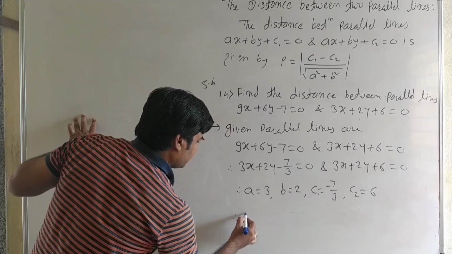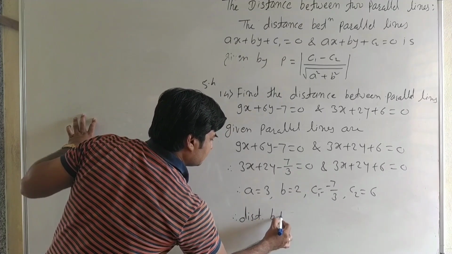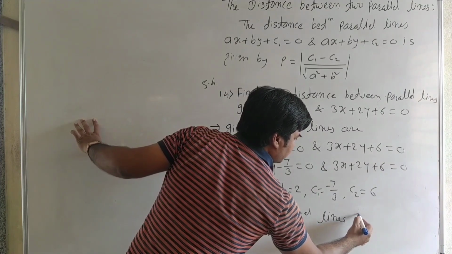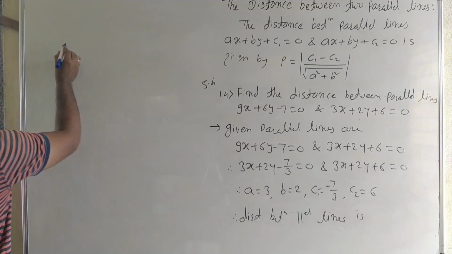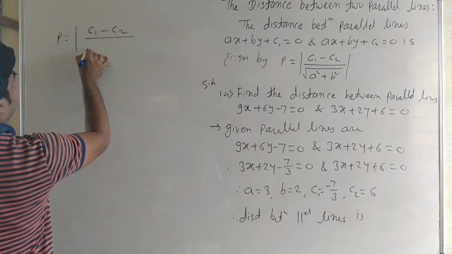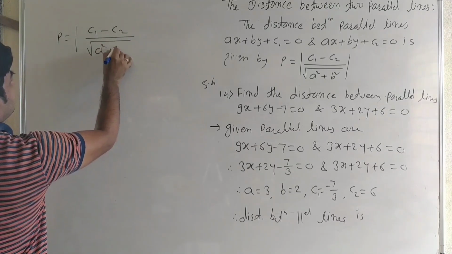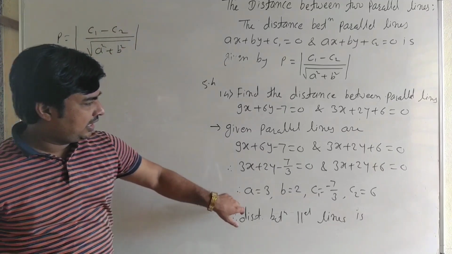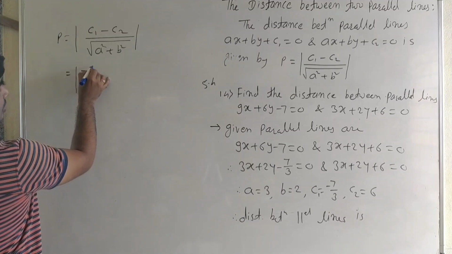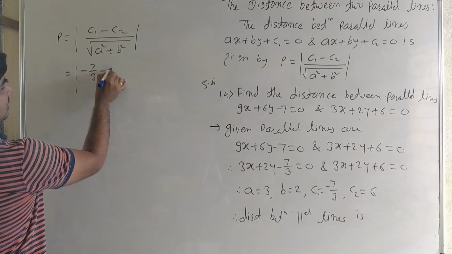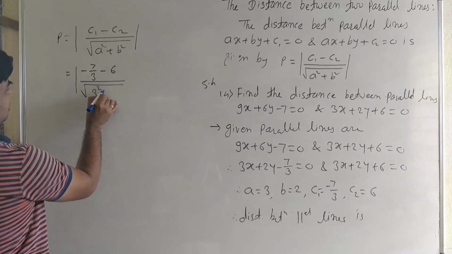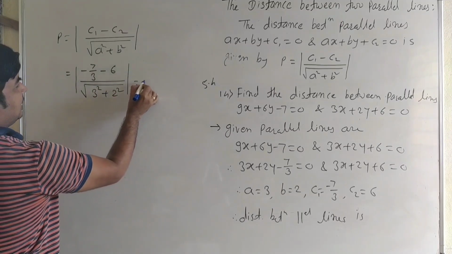The distance between parallel lines is p equal to modulus of c1 minus c2 upon under root of a square plus b square. Put in all the values: minus 7 by 3 minus 6, upon under root of 3 square plus 2 square.